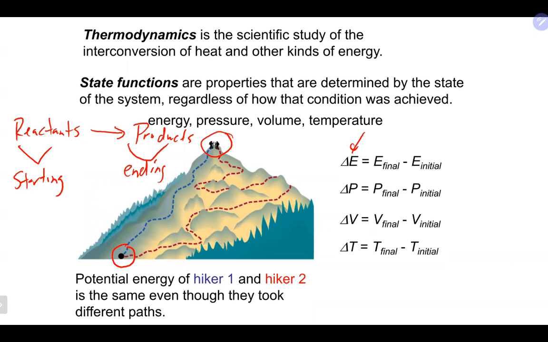All the energy of the products would be your final state. All the energy of your reactants would be your initial state. So you're essentially taking final minus initial. Reactants, what we start with, were initially there. Products, what is formed. Any questions on that?